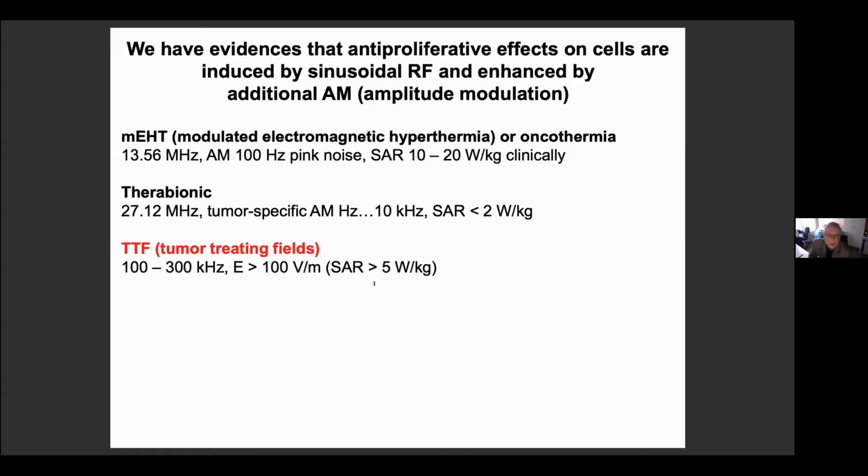Obviously, for all three modalities there is no very large temperature increase. The temperature might be in the range of 38 to 39 degrees centigrade, but that is far away from the temperatures required for conventional hyperthermia.